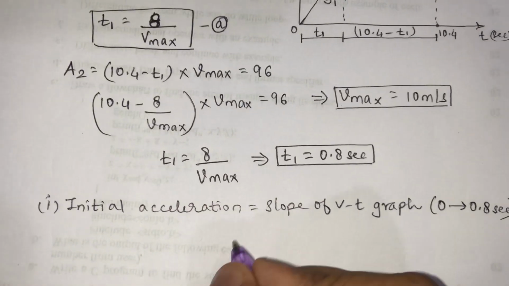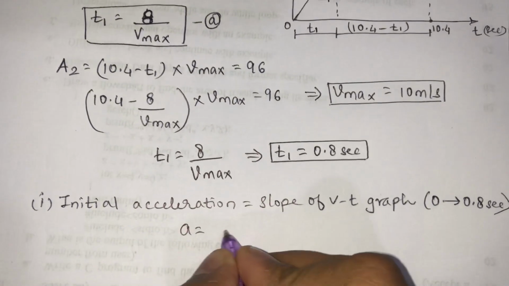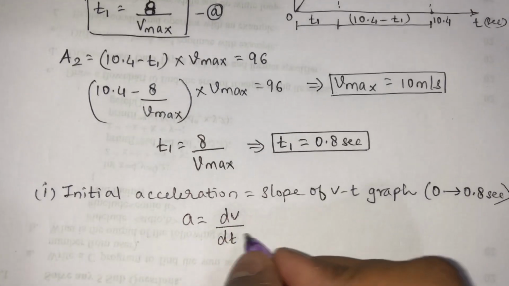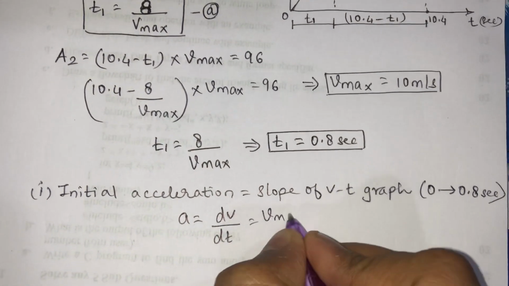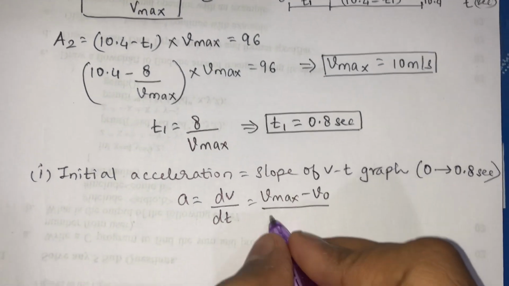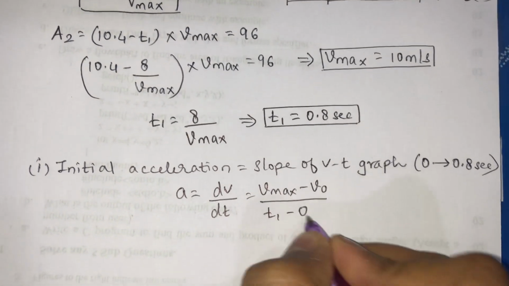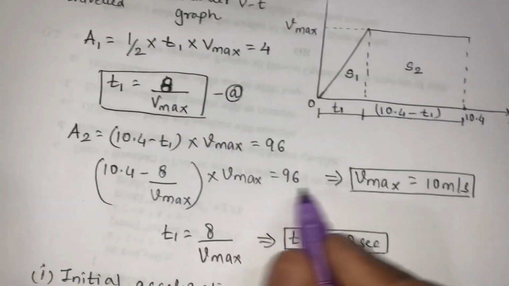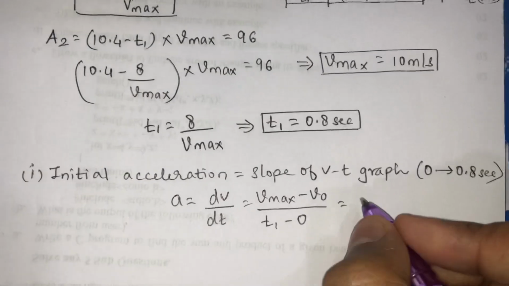So a = dV/dt, which can be written as (V max minus V0) upon (t1 minus 0). Here we got the V max value as 10 meters per second.